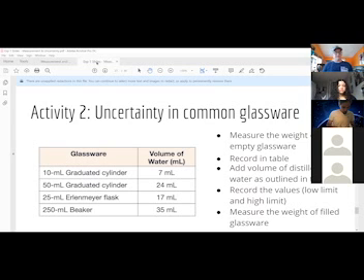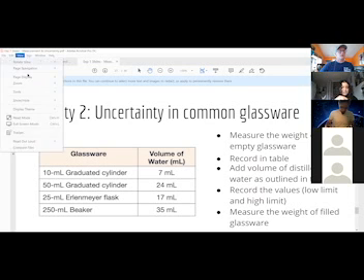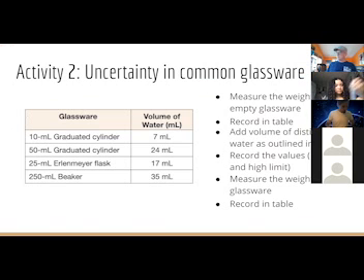So let's go back to our activity. We did 7 mils in our graduated cylinder. So then next we want to do 24 mils. So we're going to do 24 in our 50 mil graduated cylinder.